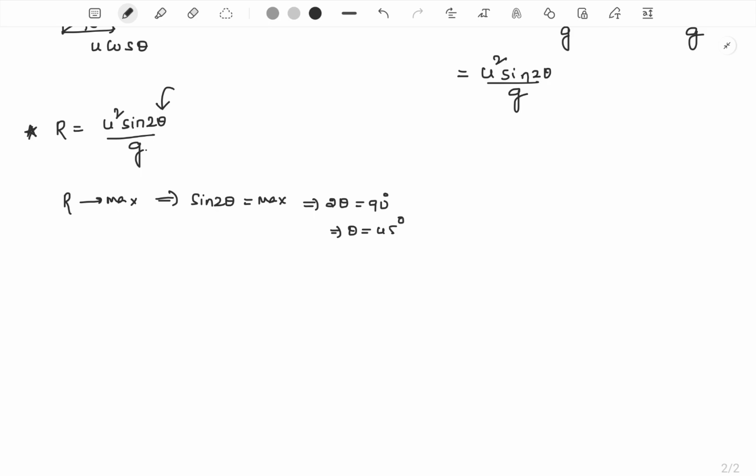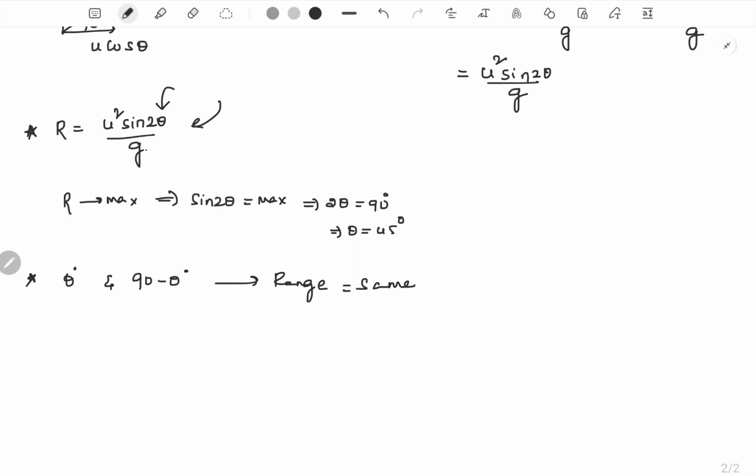For that angle of projection, the range would basically be maximum. And then for complementary angles like theta degrees and 90 minus theta, okay, the range would be same. You can substitute these values and you can just check.